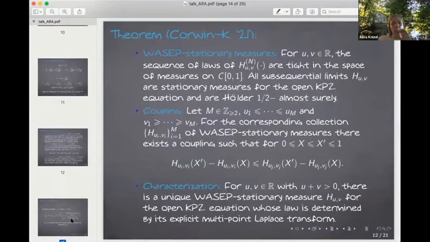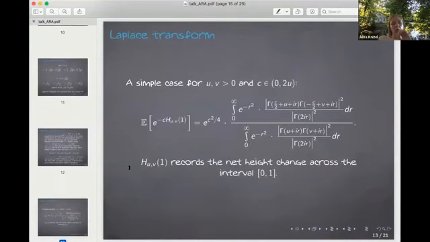I want to show how this Laplace transform looks. In a special case, when both parameters U and V are positive, all formulas are much simpler. So here, for the illustration, I assume that U and V are positive, and in this Laplace transform we need certain restrictions on the parameters of the Laplace transform.